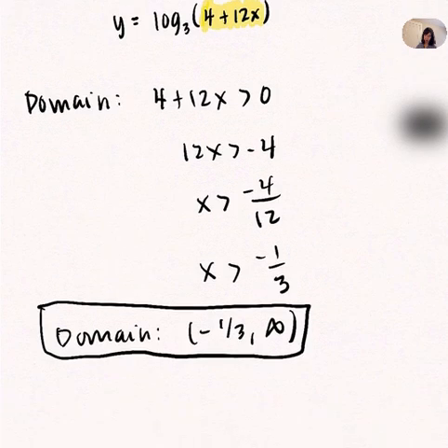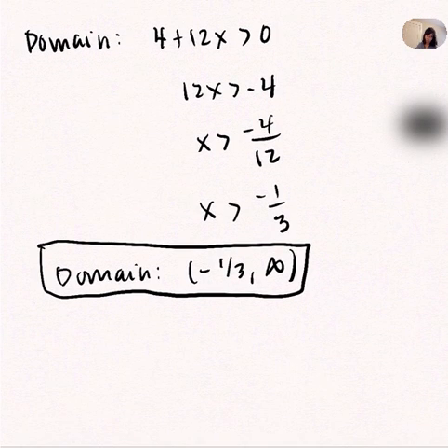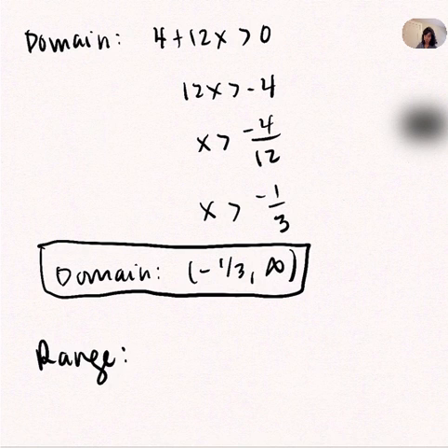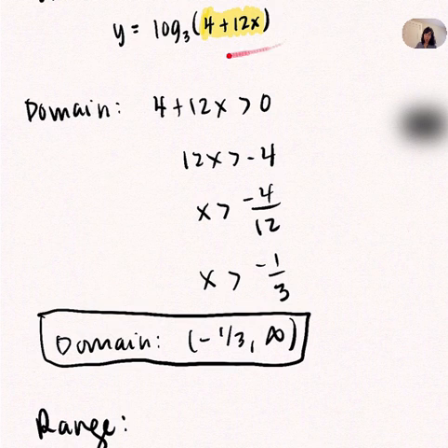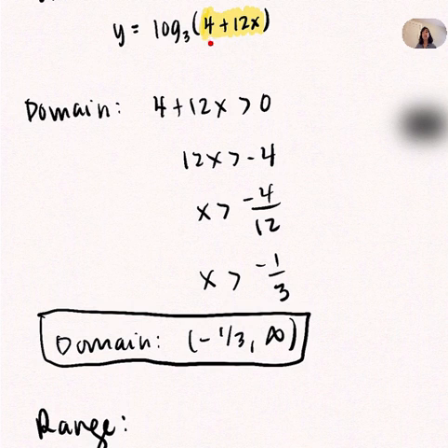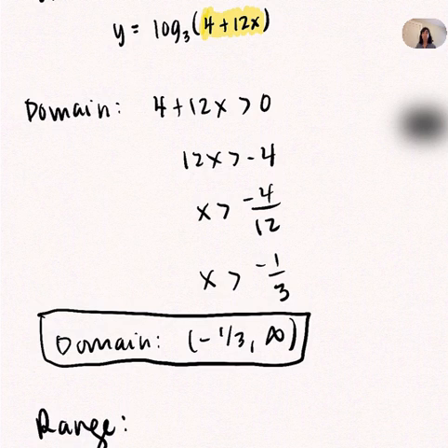What about the range? So for the range, let's think about this equation that we're given. Putting 4 plus 12x inside, that shifts our graph of the log base 3 of x function left and right and stretches it a bit.